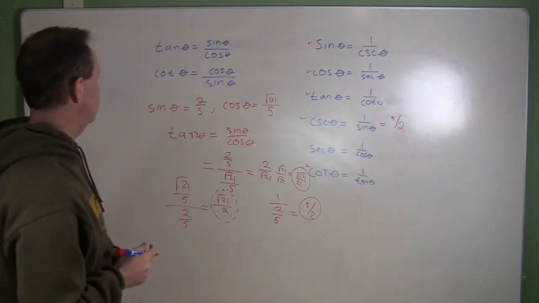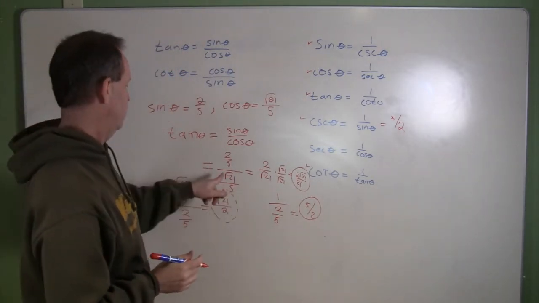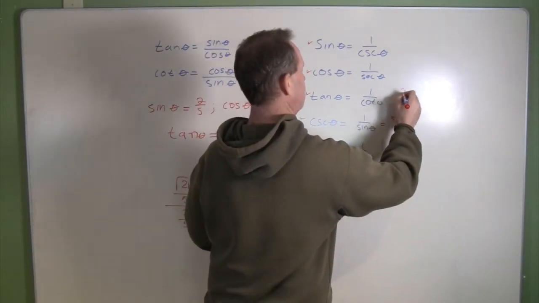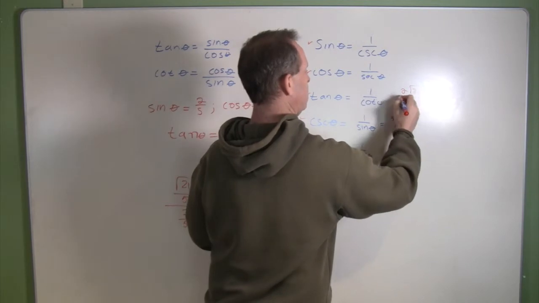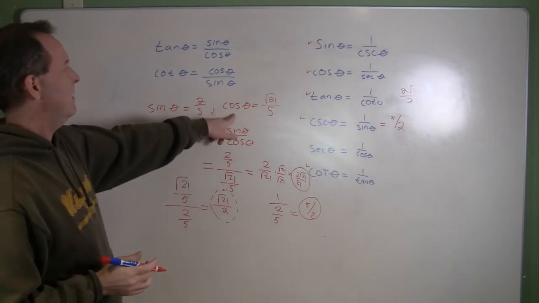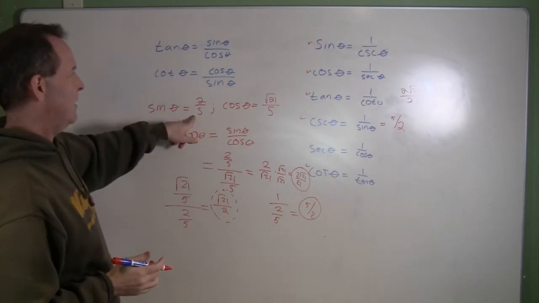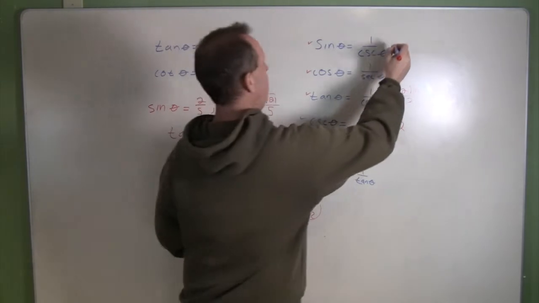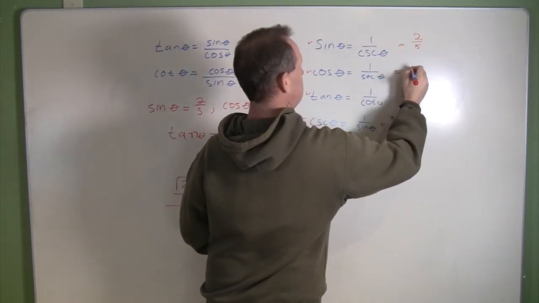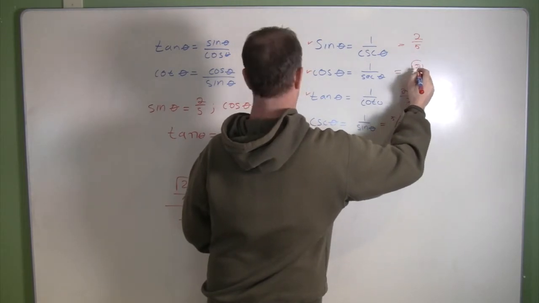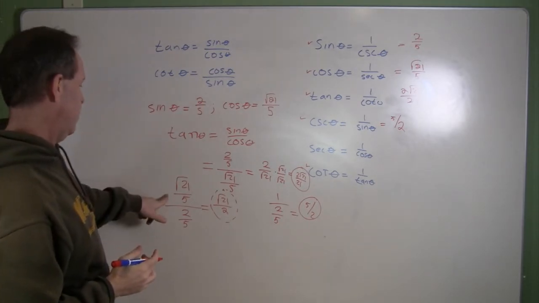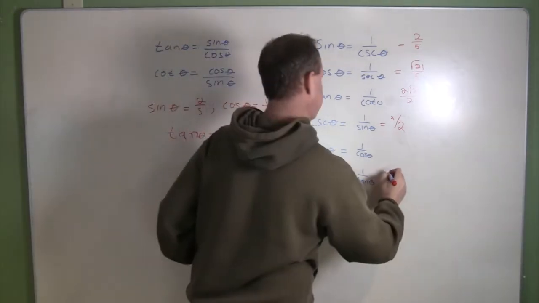The tangent of theta is 2 root 21 over 21. The cosine of theta was given. The sine of theta was given. So let's put those up there anyway. The cotangent we did over here was root 21 over 2.